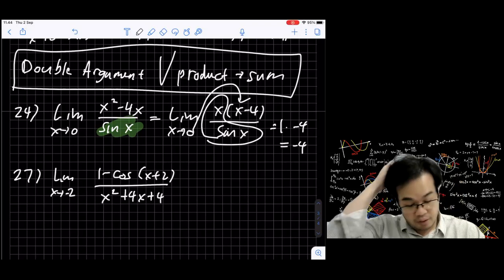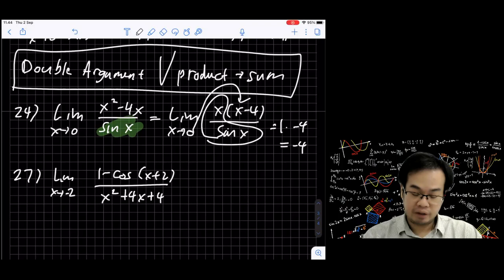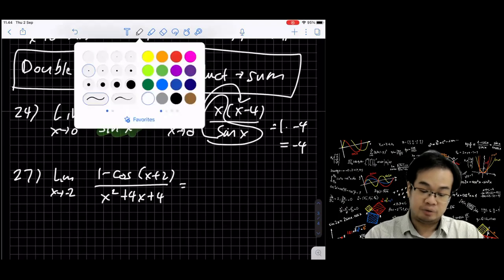Is this an indeterminate form? Yes, it is, because 1 minus cosine 0 is 0, and the denominator is also 0. So what we need to do is change this using a double argument formula.